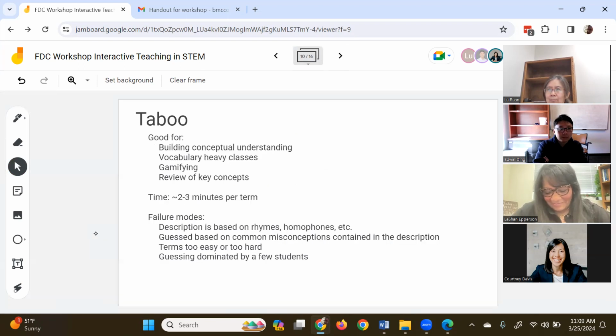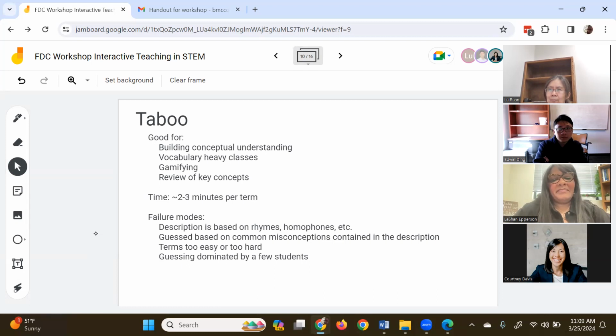So this is good for building conceptual understanding, especially in classes where vocabulary is a big deal. I'm skeptical whether it would work that well in a math or physics class, but it does work in plenty of other STEM fields pretty well. The students, when I observed this last week, loved it because it was gamifying the class for them. And they were very interactive about it.